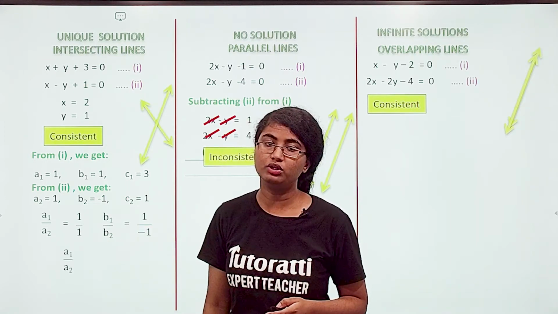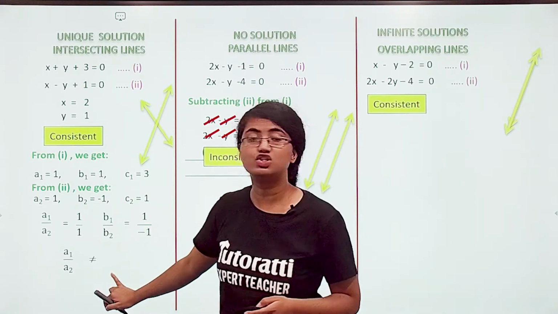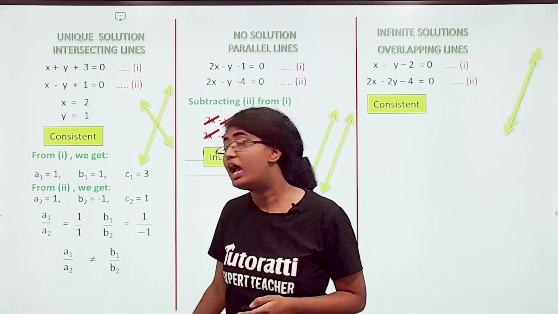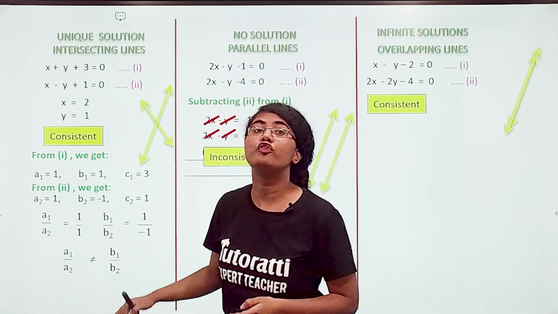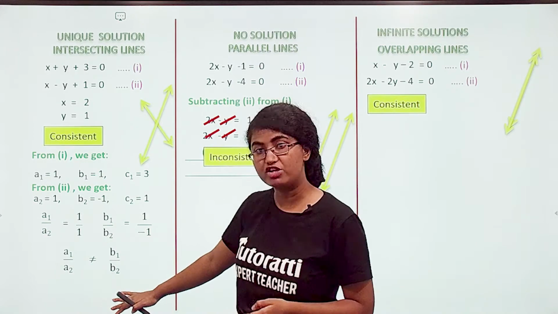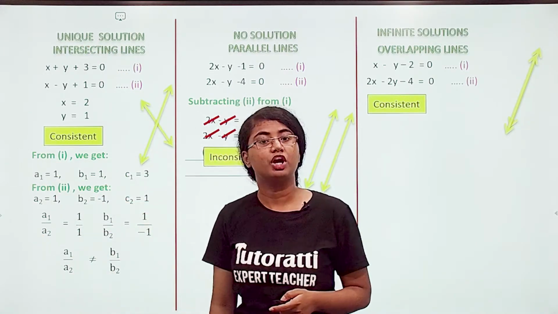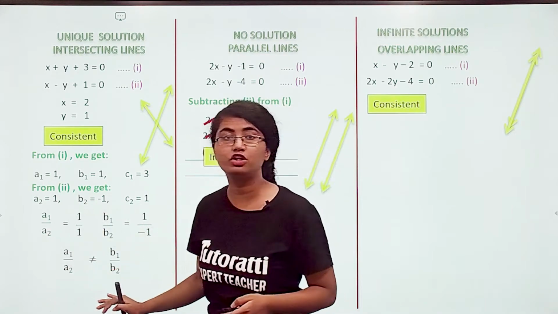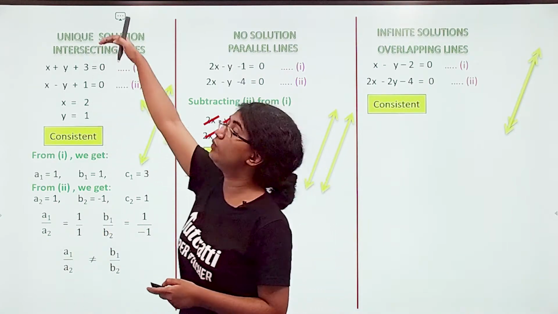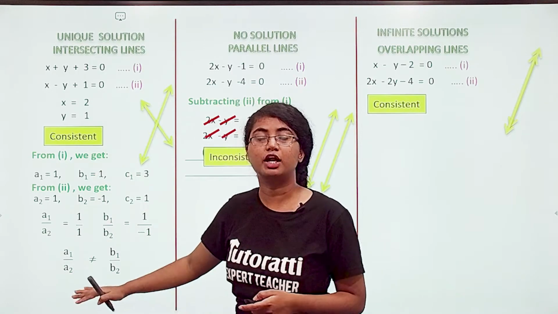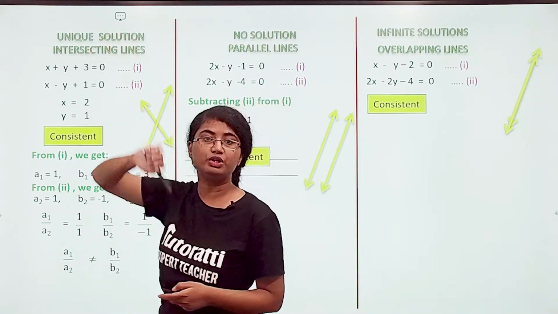So we can conclude that a1 upon a2 is not equal to b1 upon b2. This holds true for all equations which have a unique solution and which are consistent. This is the condition for consistency with unique solution.